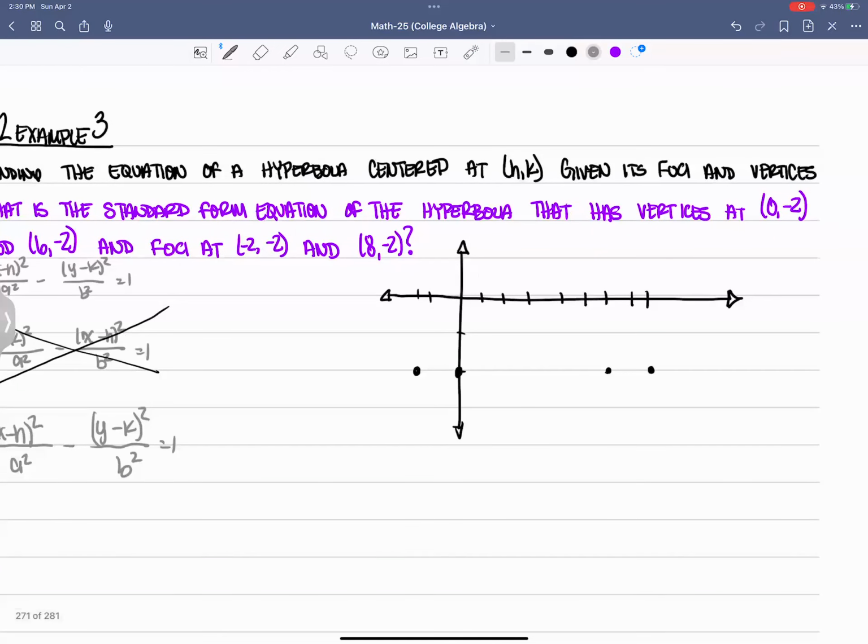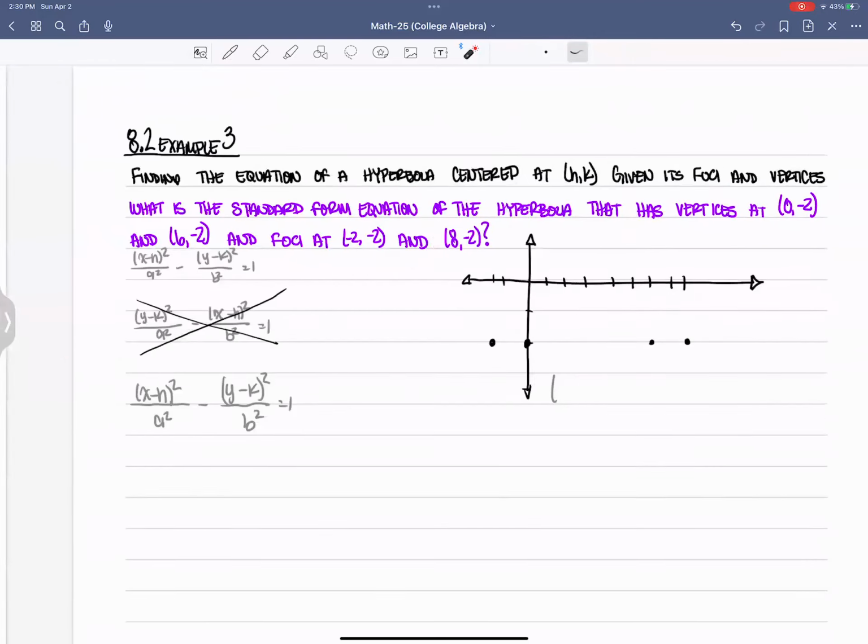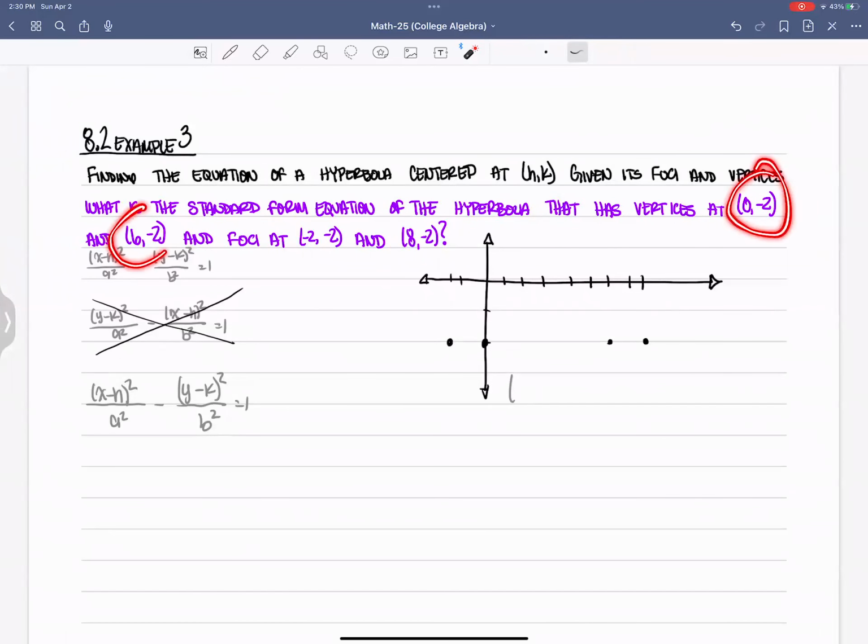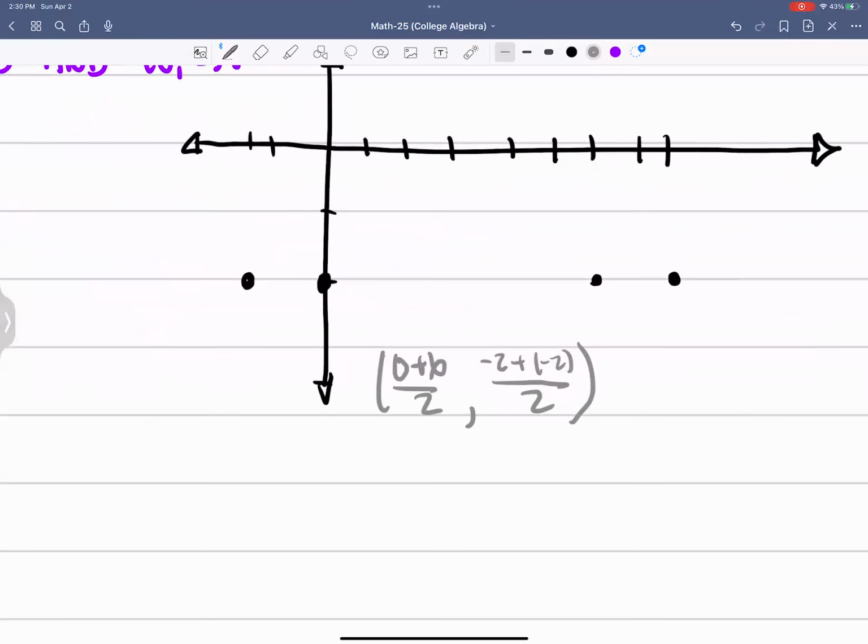Finding the midpoint, from these two, 0 plus 6 divided by 2, and from these two, -2 plus -2 divided by 2. So here we have 6 divided by 2 and -4 divided by 2. That's (3, -2).